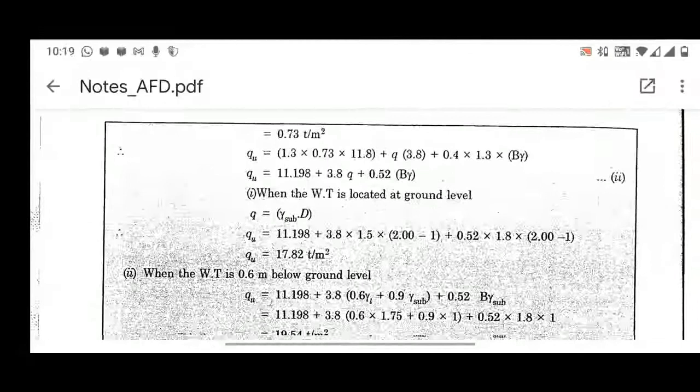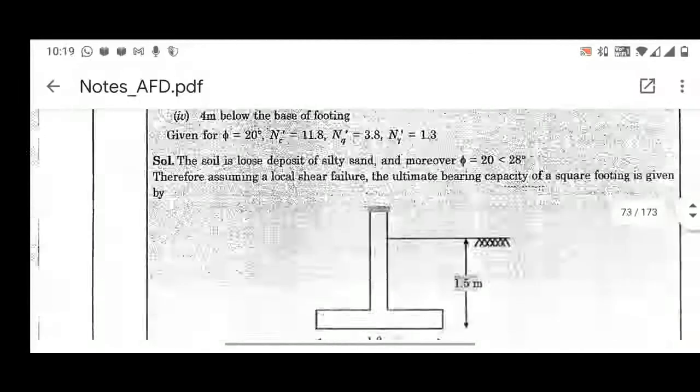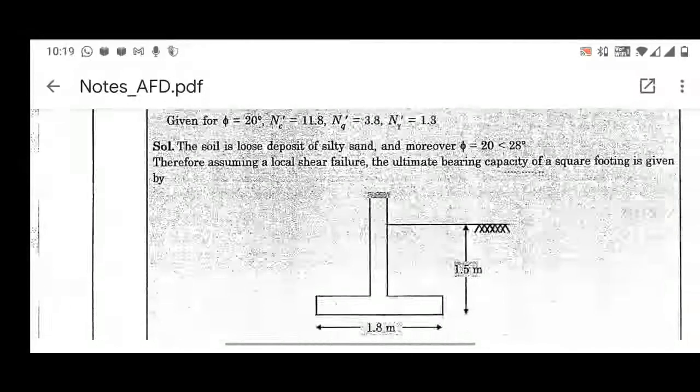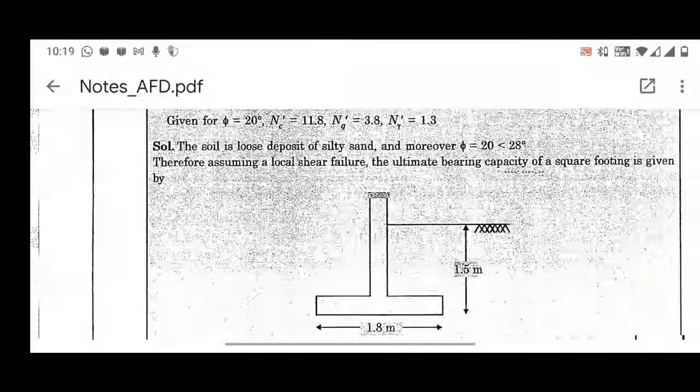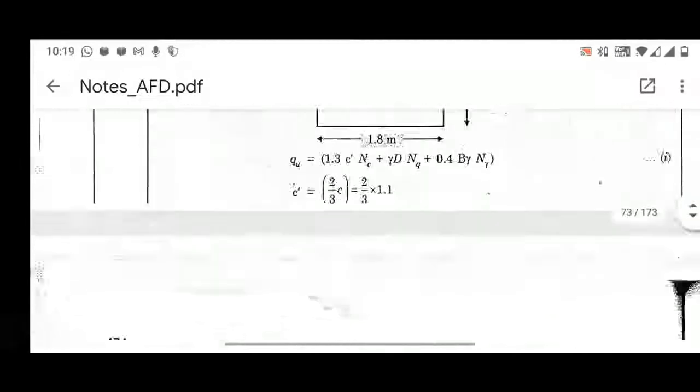Now another question they are asking is, when your water table is 0.6 meter below ground level. So 0.6 meter means it is the case when your water table is located in a region below the ground surface and above the footing base.